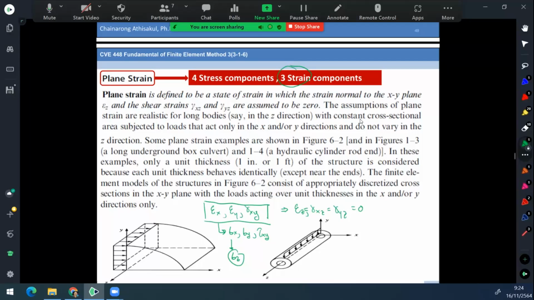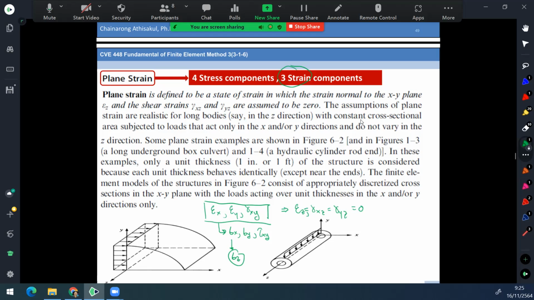This is very important to set up the problem correctly when we would like to simplify a three-dimensional problem to just a plane. Every finite element software also asks the user to define whether it is plane stress or plane strain, because the constitutive relation, the stress-strain relation, is not the same equation.